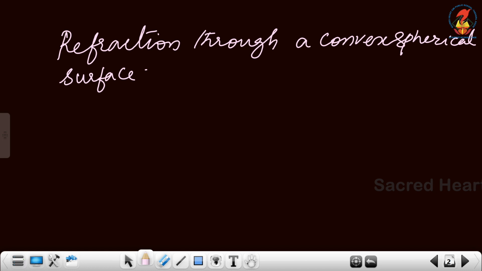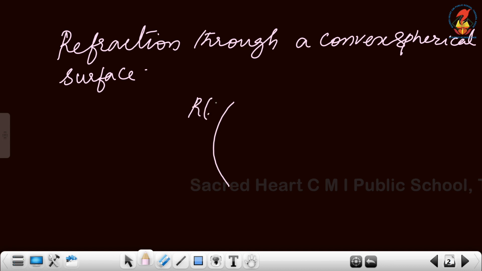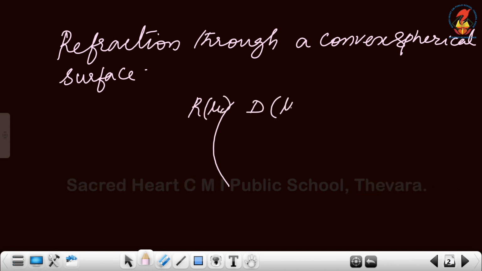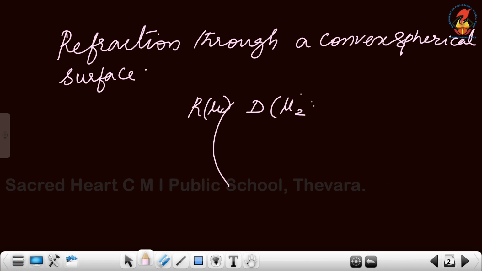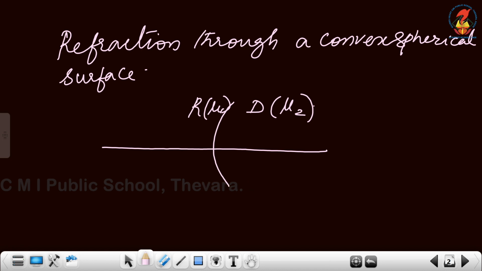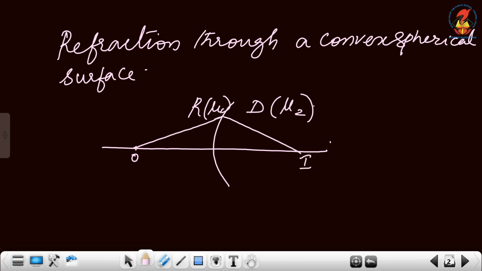Now, imagine we have a convex spherical surface, and this spherical surface separates a rarer medium of refractive index mu1 from a denser medium of refractive index mu2, and an object is placed along the principal axis at point O, and the ray after getting incident on the spherical surface gets refracted, and a final image is obtained at I.